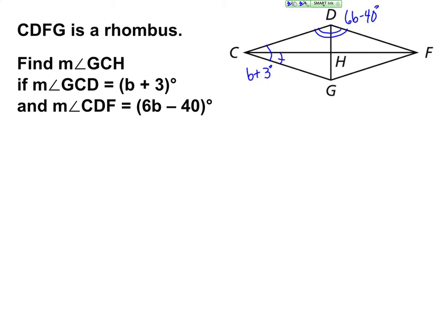Ideas going through your head? Colby, got any ideas going? Anything about angles and rhombuses? Read your notes there. I'm going to take out the diagonals for just a little bit and see if that helps. This one was b plus 3, and this one was 6b minus 40.